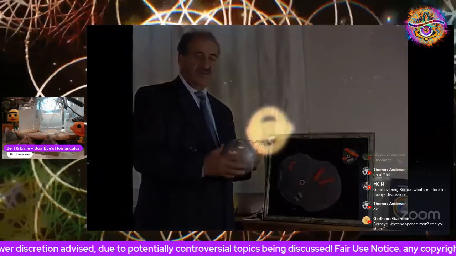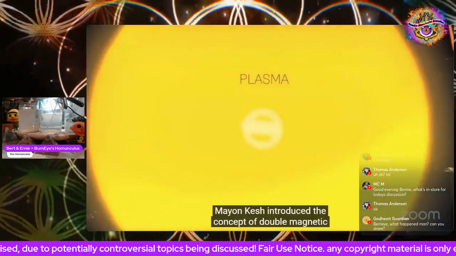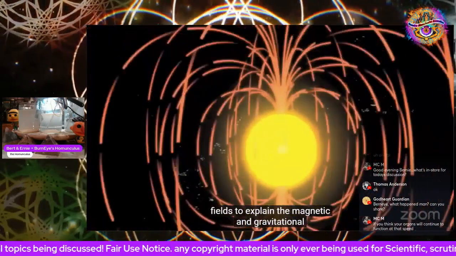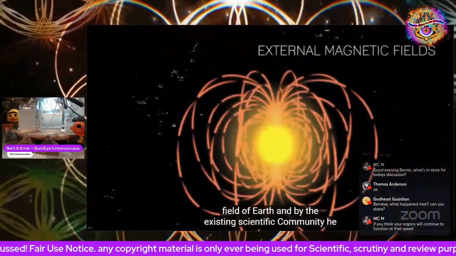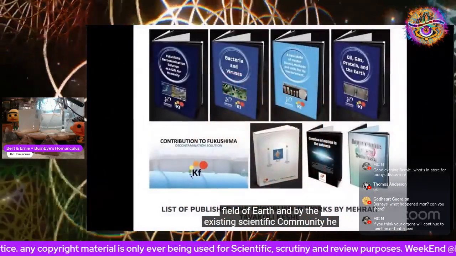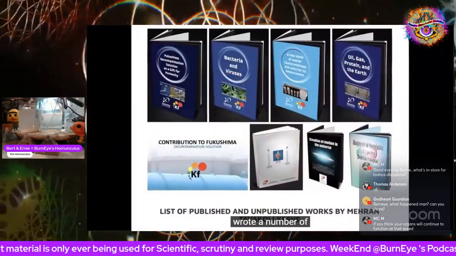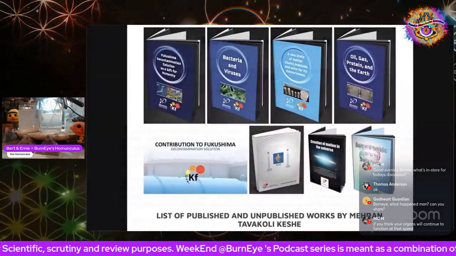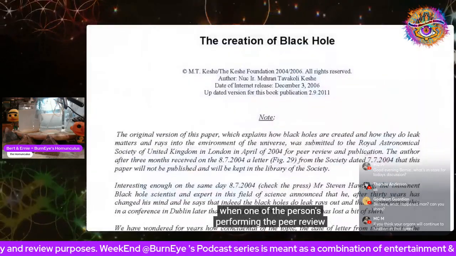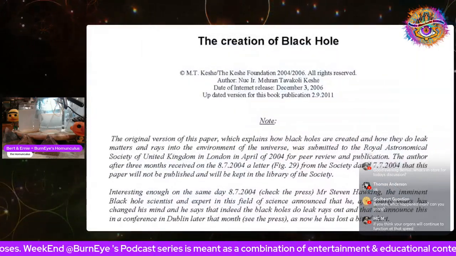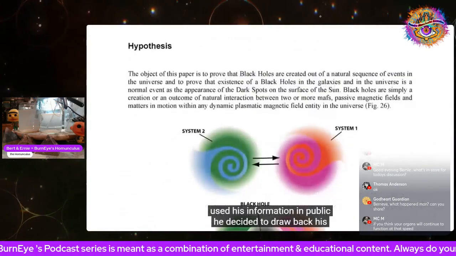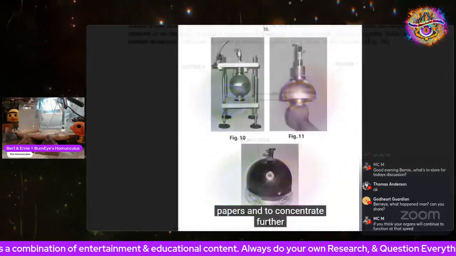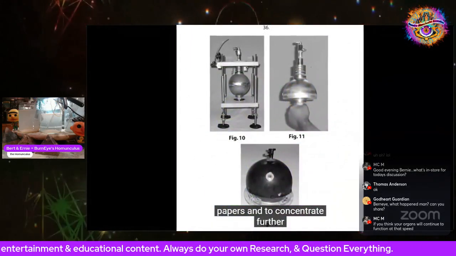Mehran Keshe introduced the concept of double magnetic fields to explain the magnetic and gravitational field of Earth. Unknown by the existing scientific community, he wrote a number of scientific papers in 2004 and sent them for peer review, such as the creation of black holes. When one of the persons performing the peer review used his information in public, he decided to draw back his papers and to concentrate further on building prototypes.